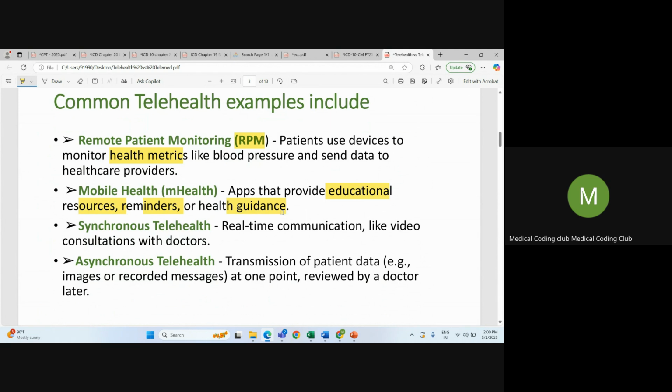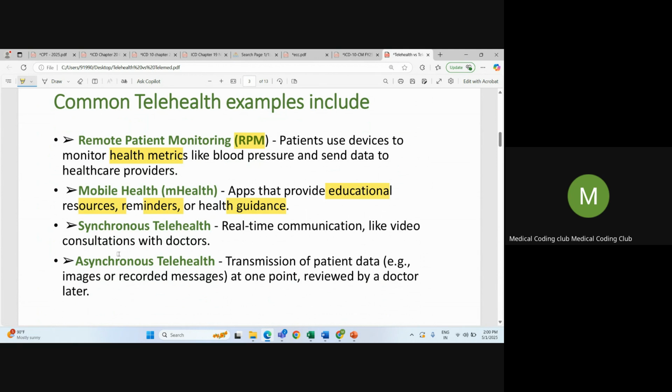It can be a dietary resource or other things, and reminders, like at which time I want to take a medication, or not only medication, just reminding you on a timely basis about whatever you have to do regarding your own health. And health guidance, everything will be provided through mobile health.